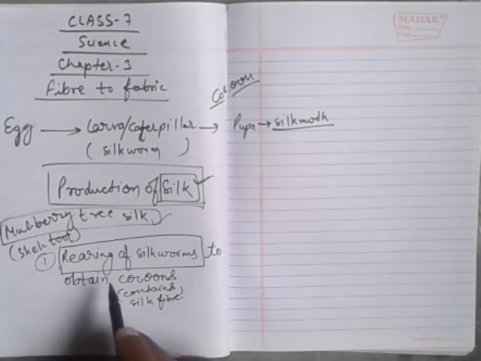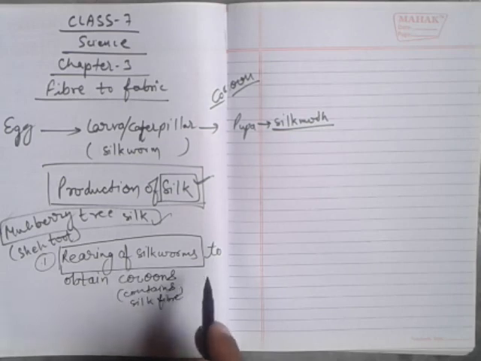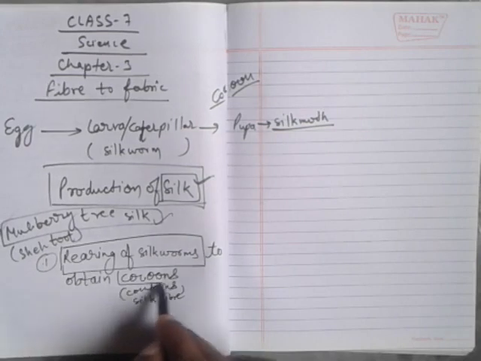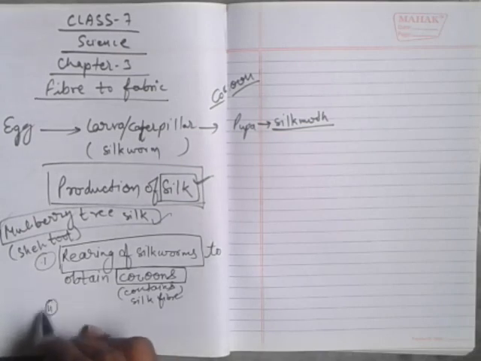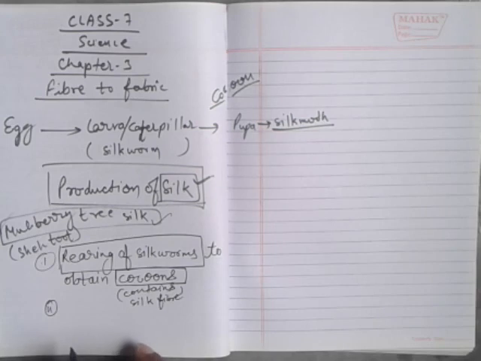So how can we rear the silkworms in large quantity to obtain the required quantity of cocoons? Then after obtaining the cocoon, how can we process it?